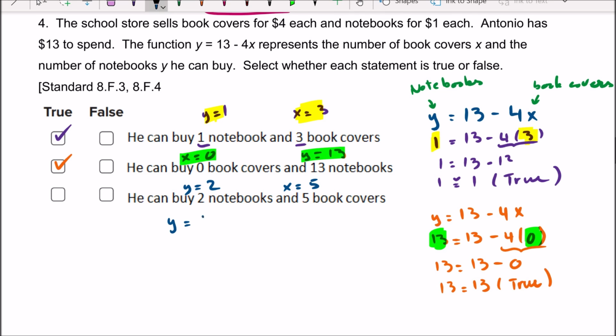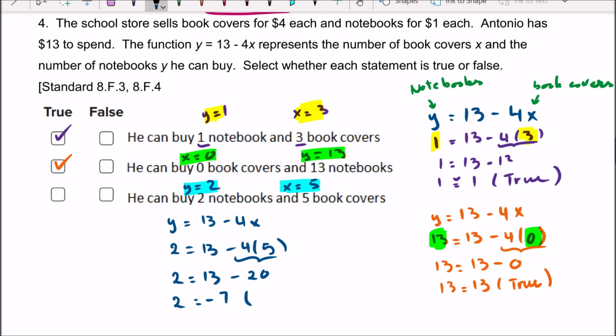So 2 equal to 13 minus 4 times 5. 4 times 5 is 20, and 13 minus 20 is negative 7. So 2 is not equal to negative 7. It's a false statement, so the answer is false. And that's it for number 4.